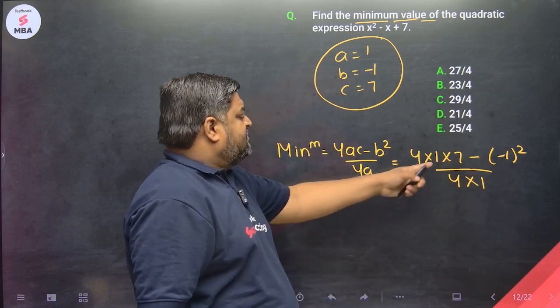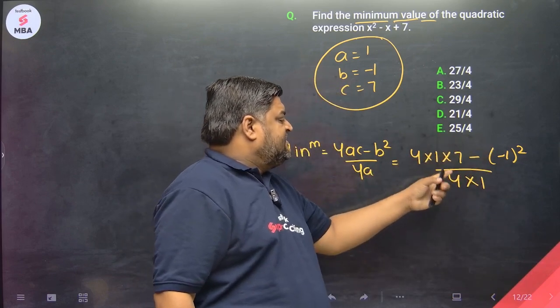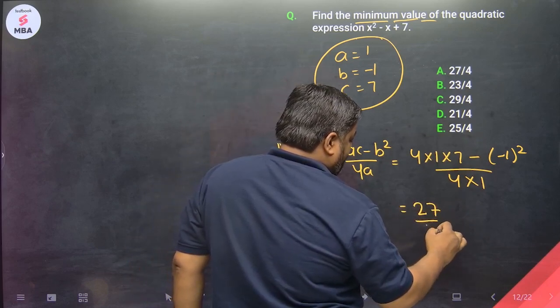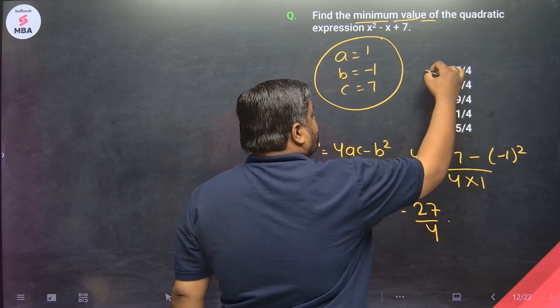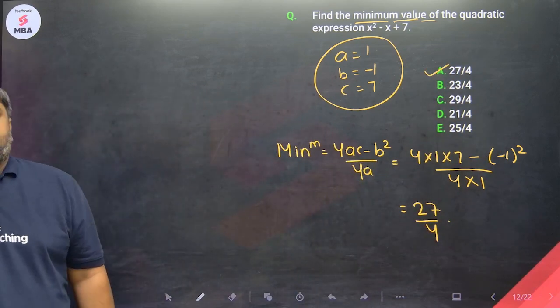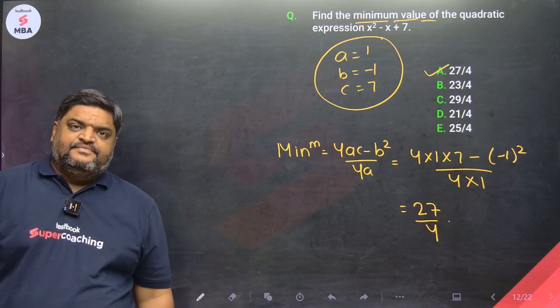Correct? So this is 28 minus 1, 27/4. Correct answer is option A to this question.